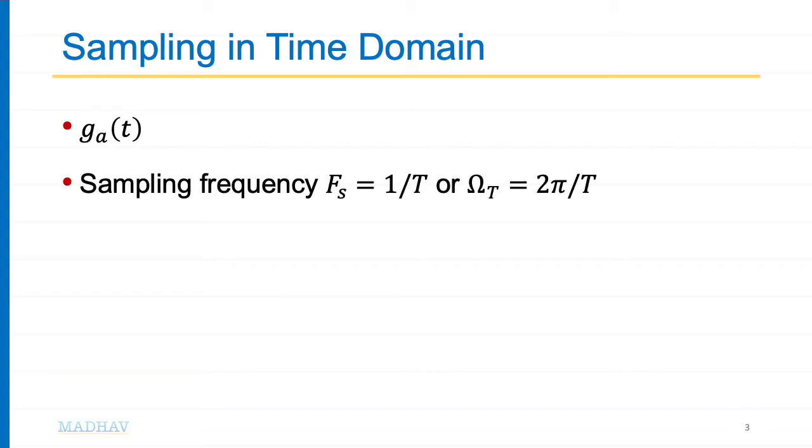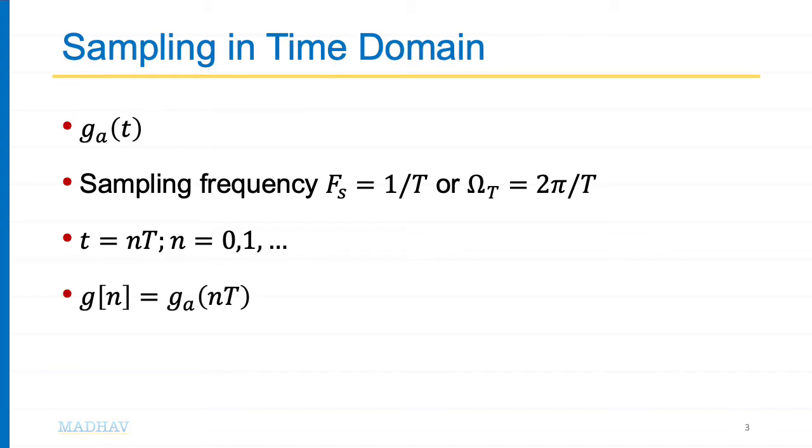Then I sample that signal at a sampling rate Fs, sampling frequency Fs, and capital T is my sampling time, or Omega_T is 2 pi upon capital T, basically the frequency in radians per second. Now I can represent my time as nT, because n is an integer and capital T is the sampling time. And so how do I obtain my discrete time signal? g[n] is simply g_a(nT). So this is the meaning of sampling in the time domain. I convert my signal g_a(t) to g[n].